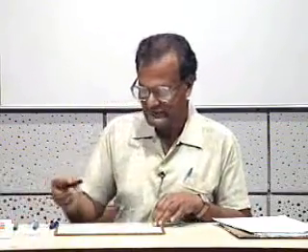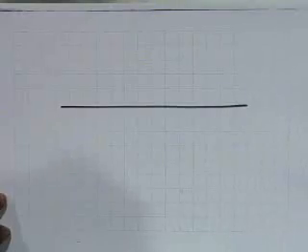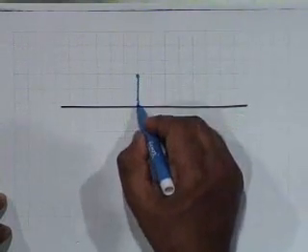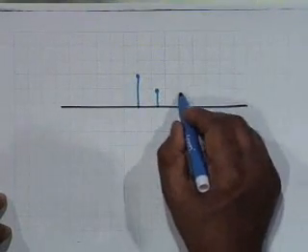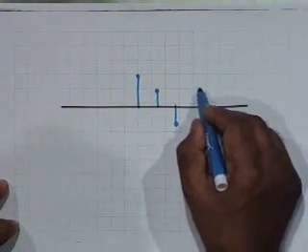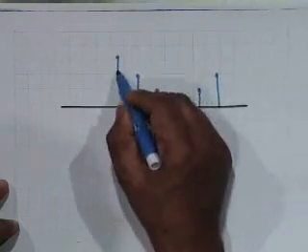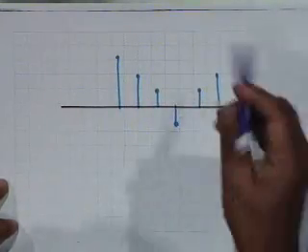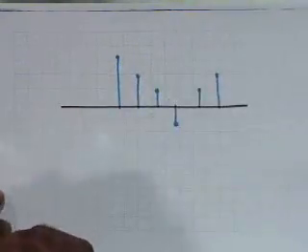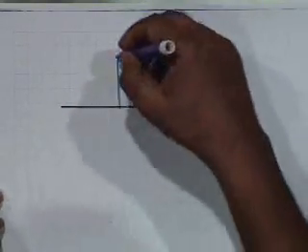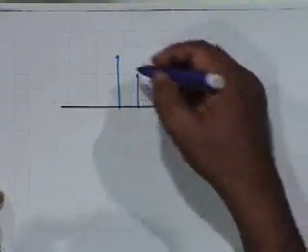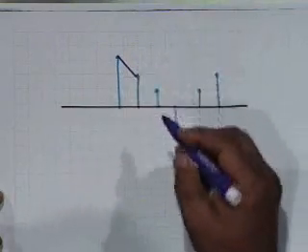Another thing that we can do, which is also common sense, is that the signal is given at certain instants of time, and all we do is we join them by a straight line. Alright, we do this quite often in drawing graphs. We join the tips by a straight line.